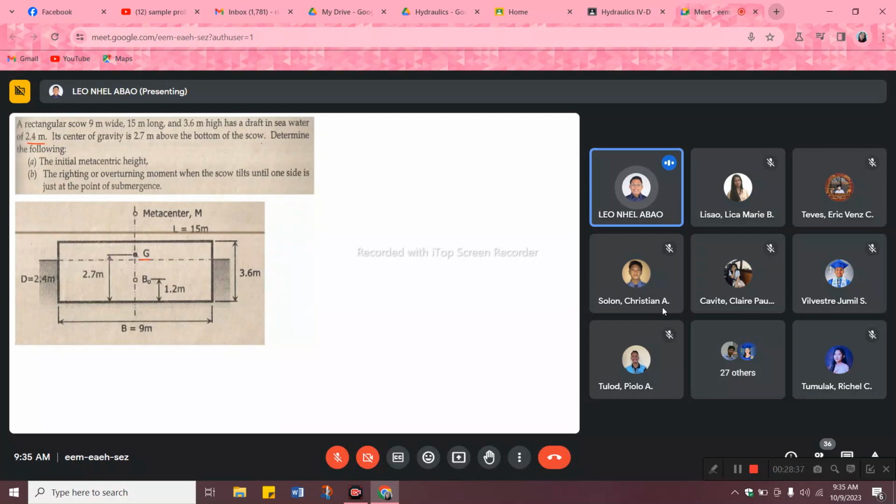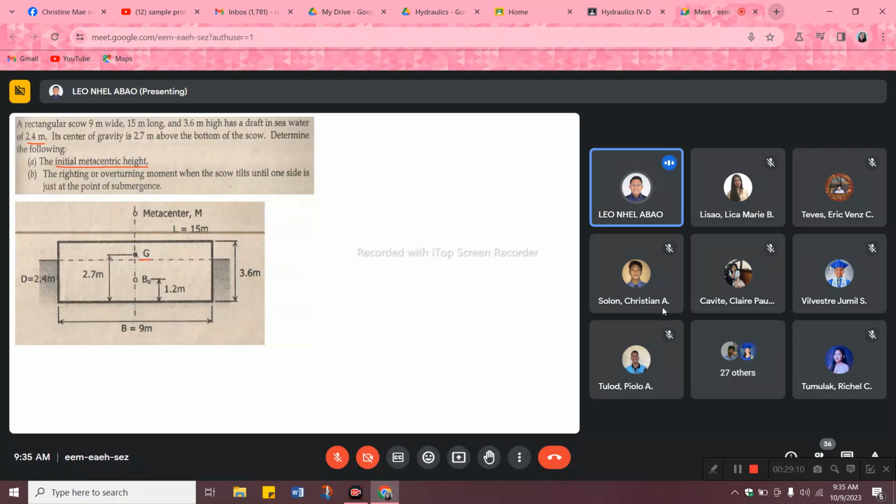We are to determine the following: A, the initial metacentric height, meaning before tilting; and B, the righting or overturning moment when the scow tilts, to see whether it will return or overturn. Okay, let's start with letter A.